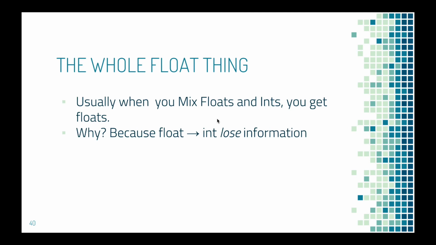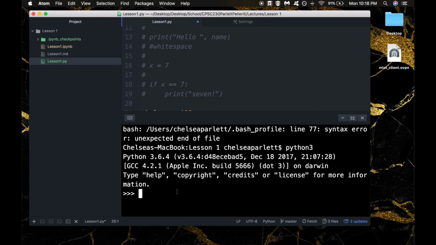So one other thing I want to talk about is mixing floats and ints. Remember, floats are numbers that have decimals, integers are just whole numbers. So when we do some operations, say we do 10 times 3, and we know that should be 30, right?